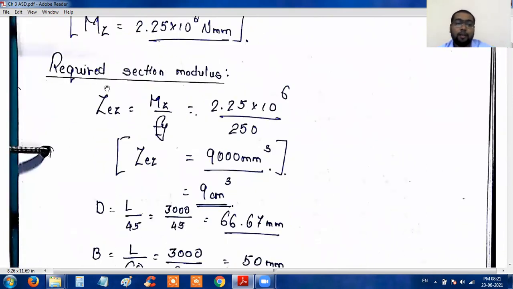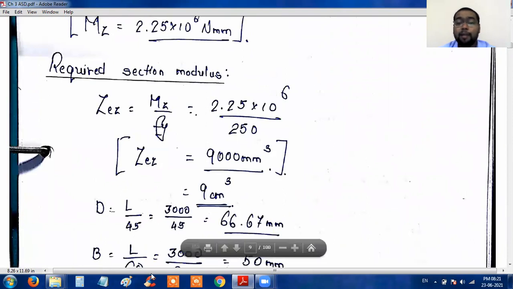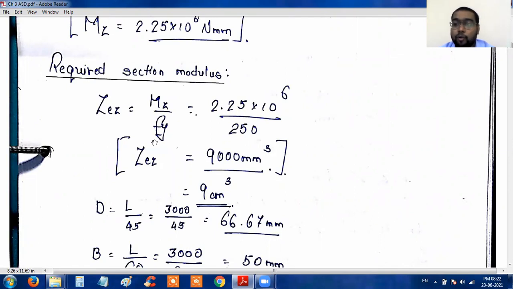Then required section modulus. We have to calculate the section modulus, depth and width, and from those parameters we have to find out the optimum angle section from steel table. Here Z means section modulus for z direction is equal to Mz upon Fy.